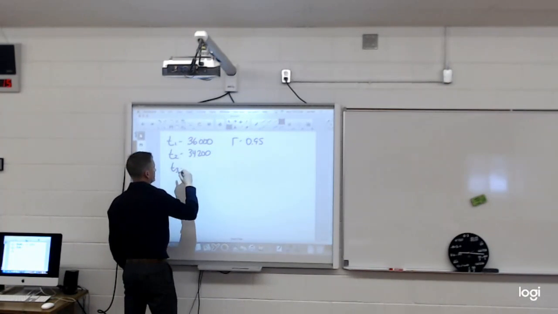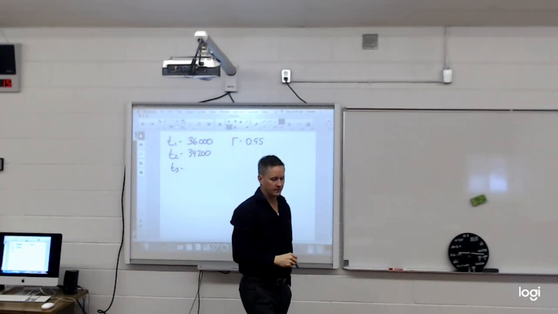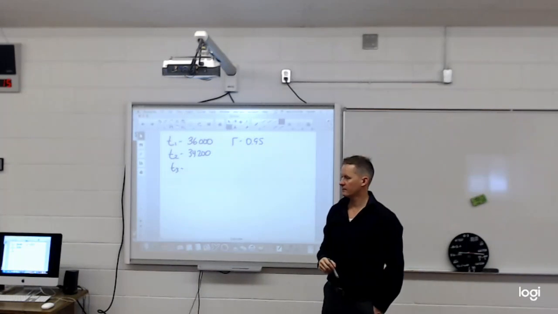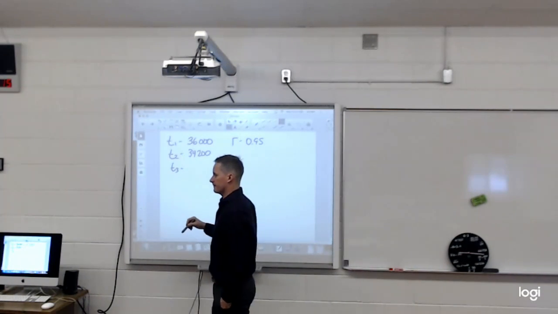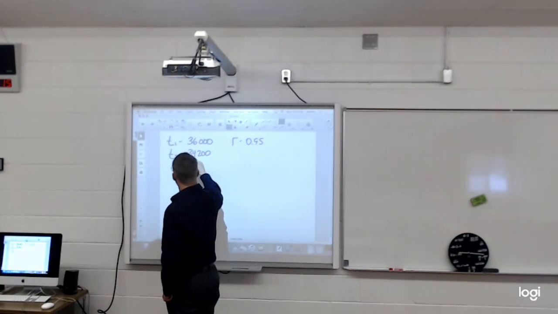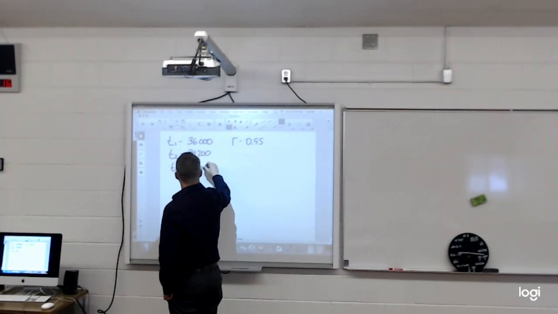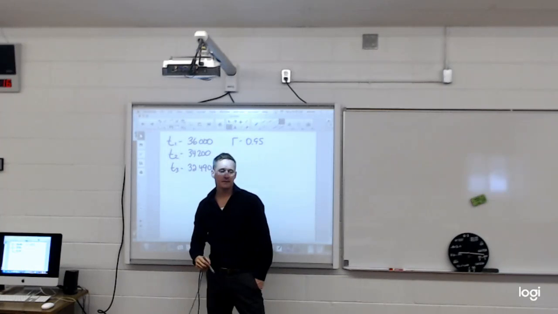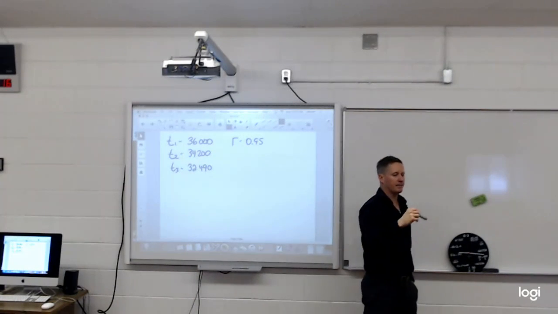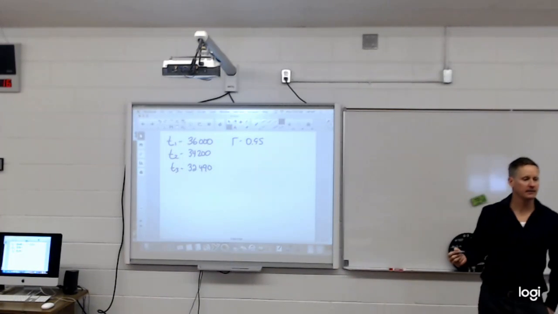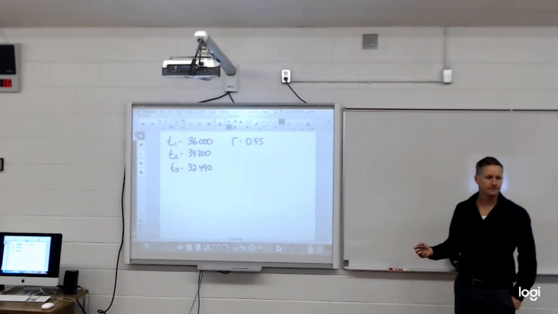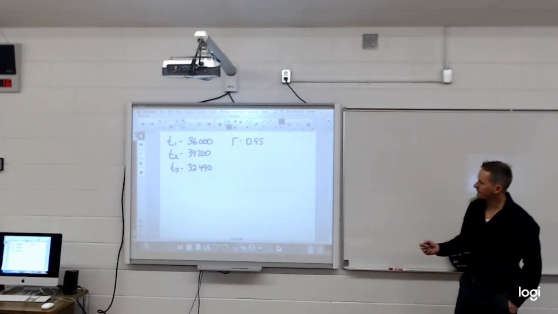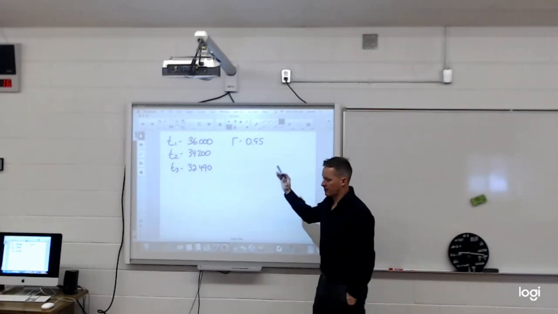And then let's find term 3. Perfect. All I'm doing is taking each term and multiplying it by 0.95 to get the next term, correct? Okay. So far, that's all right?